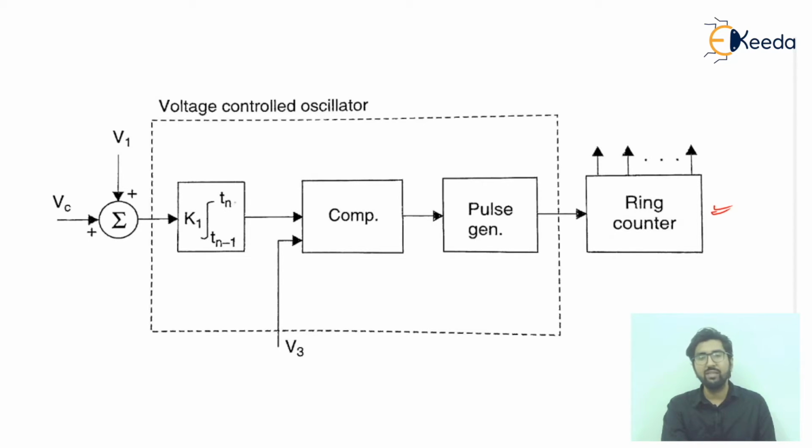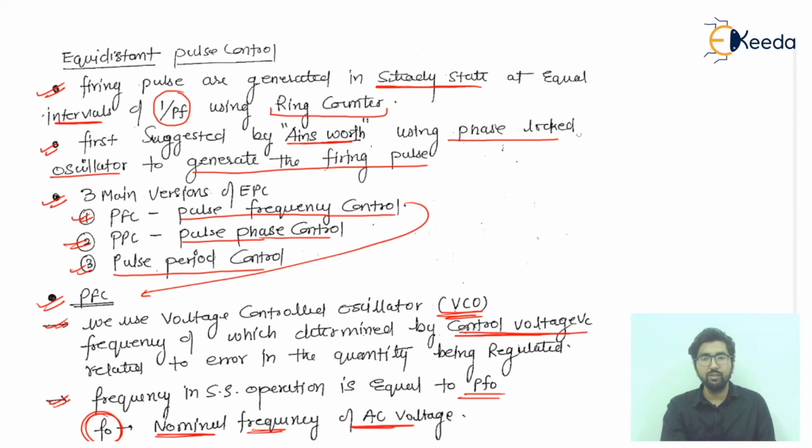Here is a comparator which compares with V3, and then according to that it supplies the pulse generator. The output of the pulse generator is given to the ring counter, and the ring counter sends the signals. Many signals are sent, and they are again fed back. This is the basic control system for the PFC, the pulse frequency control.